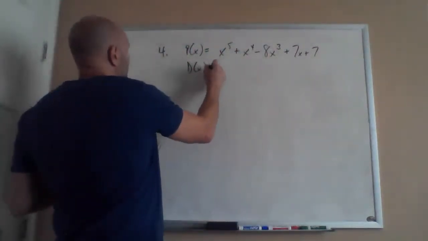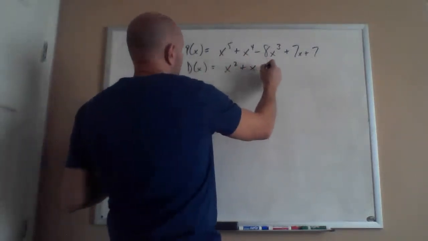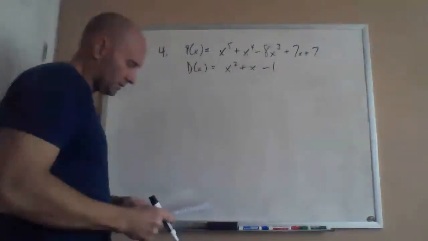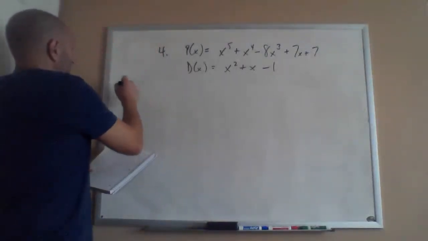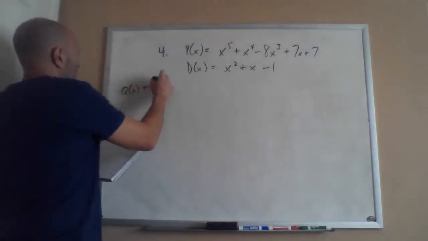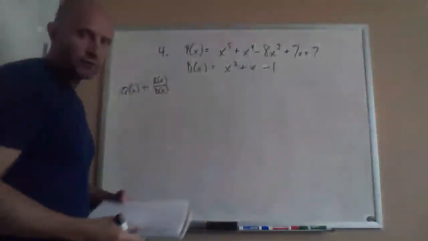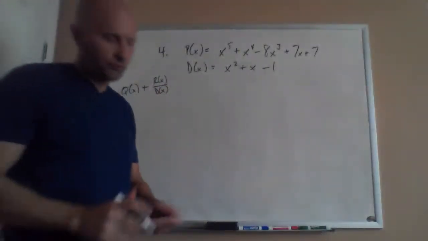And d of x is x squared plus x minus 1. And this one, it wants the answer in the form q of x plus r of x over d of x. So go ahead and try that one.